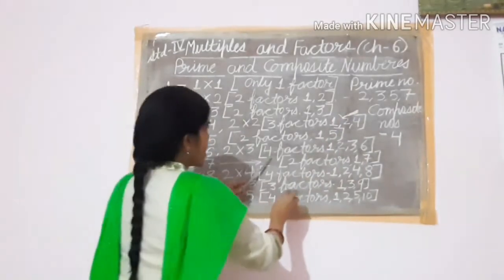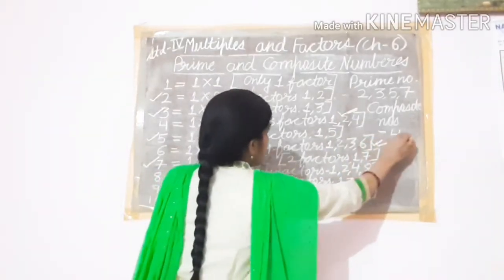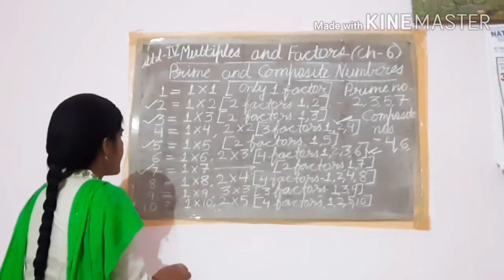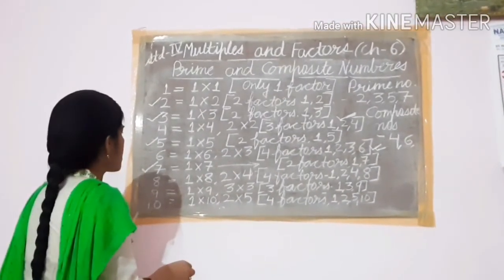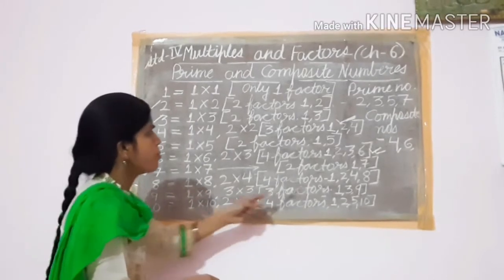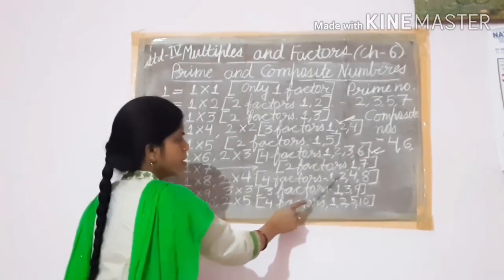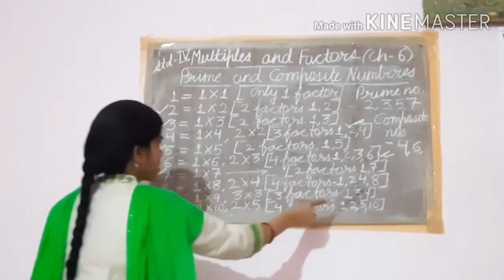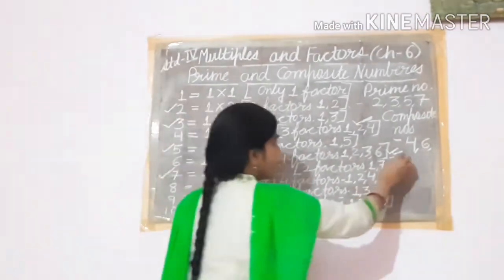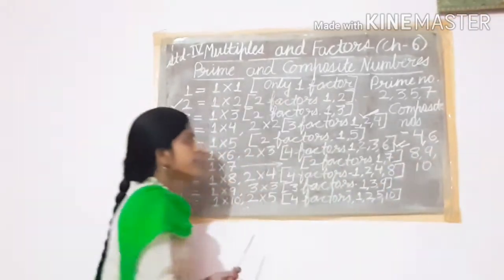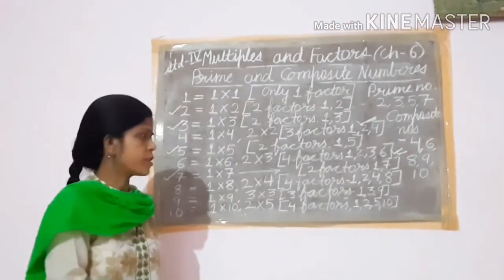Then 6, it has 4 factors. So 6 is also a composite number. Then 8, 9, 10. These all numbers have more than 2 factors. The factors of 8 are 1, 2, 4, 8. So 4, 6, 8, 9 and 10 are composite numbers.